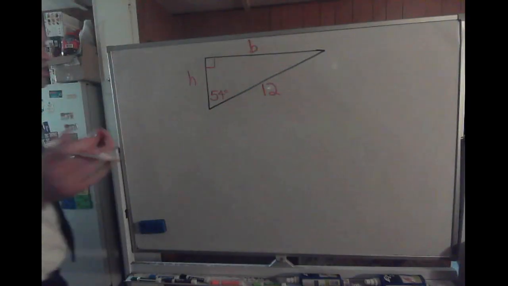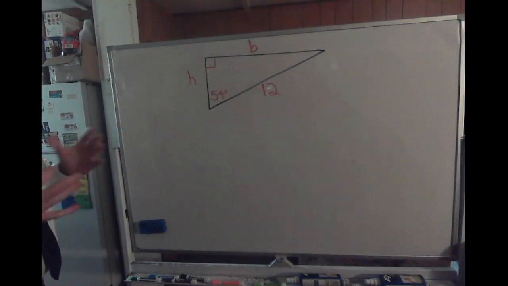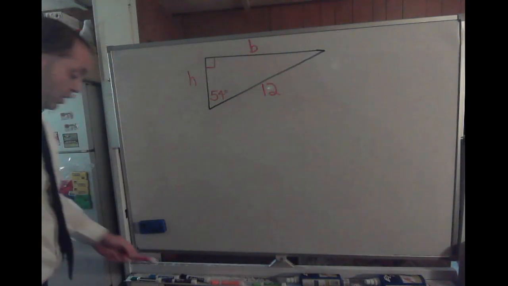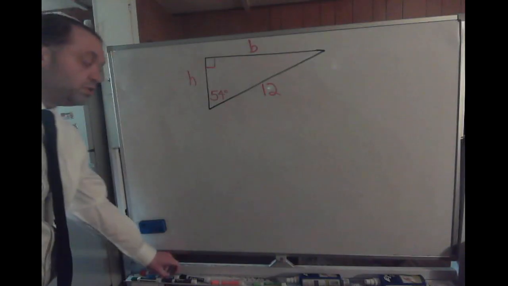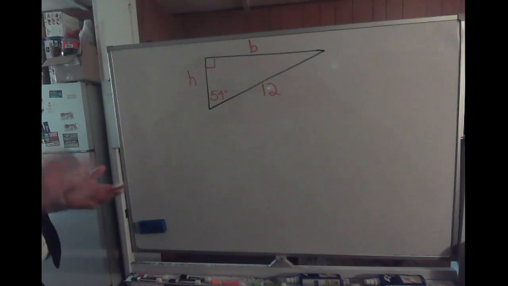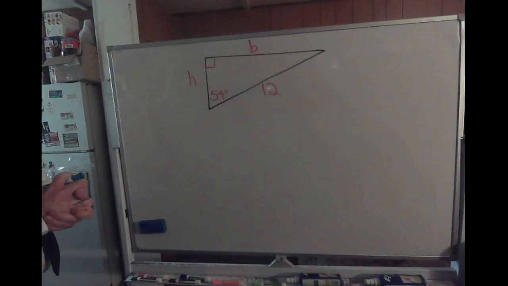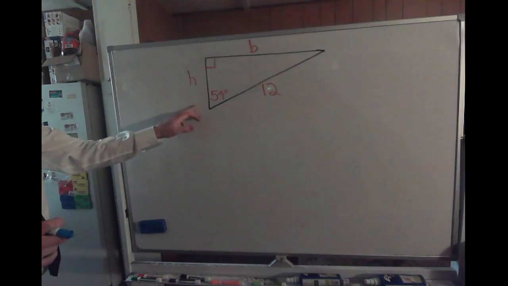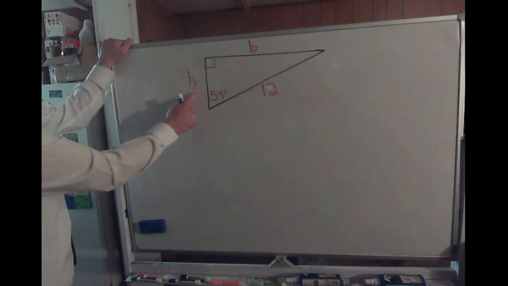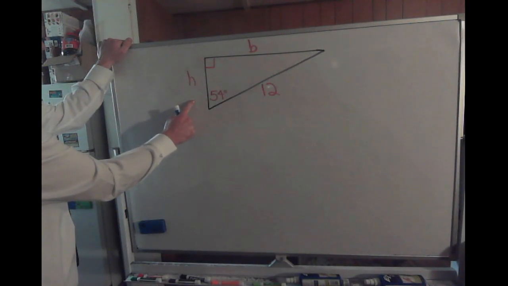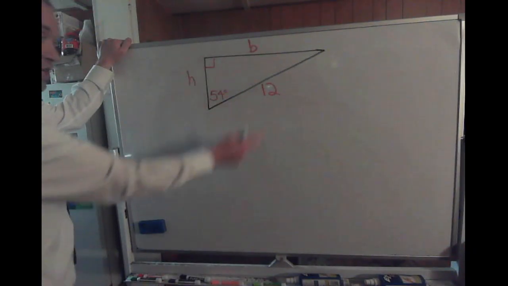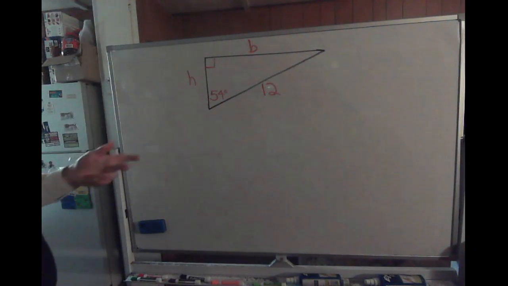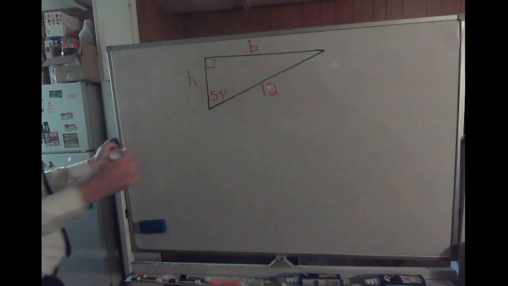You would actually need to know both the base and the height. So it doesn't matter which one you want to start with. We need to find, I'm going to start with the height. Height is obviously the adjacent leg to the 54-degree angle, then you have the hypotenuse. If you're setting up an adjacent and hypotenuse ratio, that's going to be your cosine.